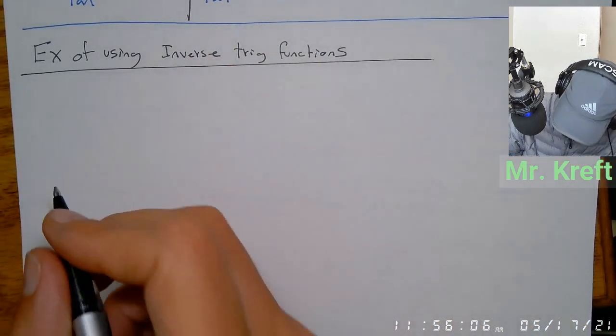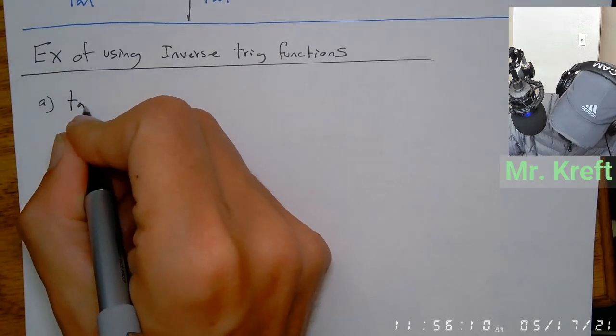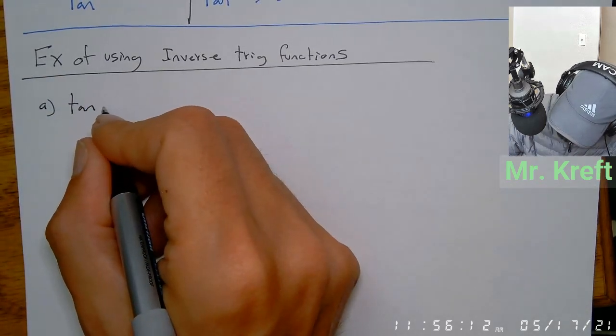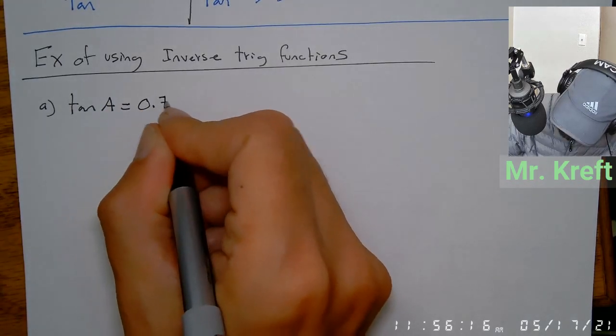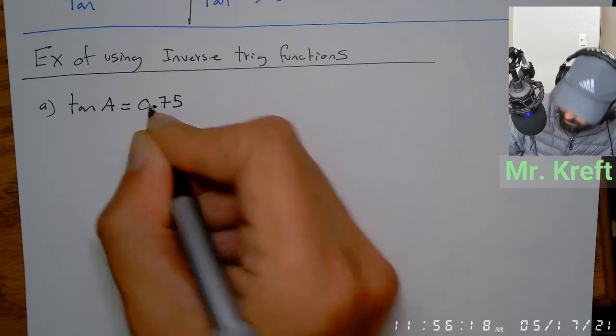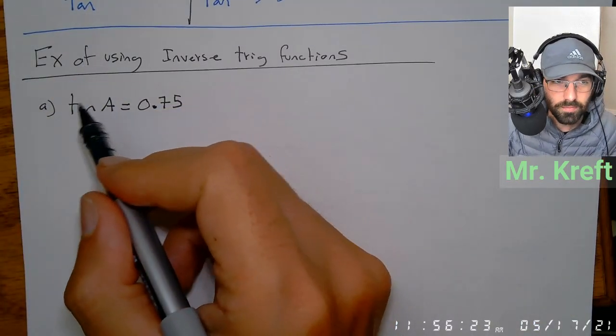For this first one, we have tangent of A equals 0.75. So just write that down. A is our angle.